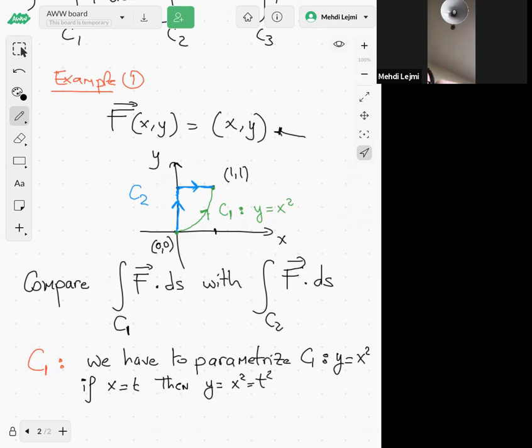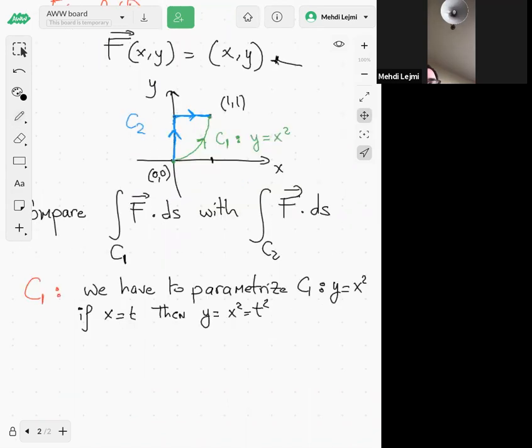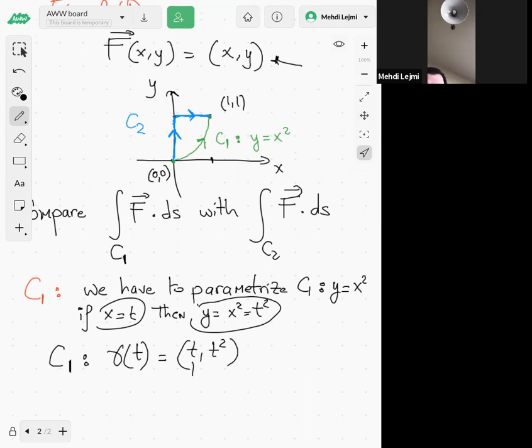So one possible parameterization of this curve C1 is gamma of t, where x is equal to t and y is equal to t squared. And t is just between 0 and 1. When t is 0, you get the point (0, 0), and when t is 1, you get the point (1, 1), so you are moving from (0, 0) to (1, 1).